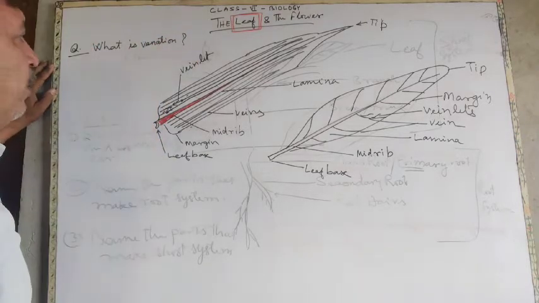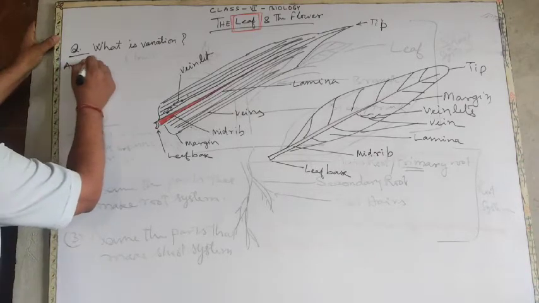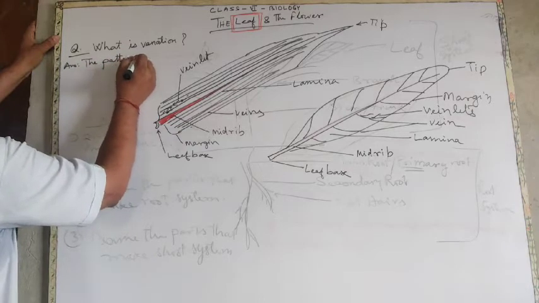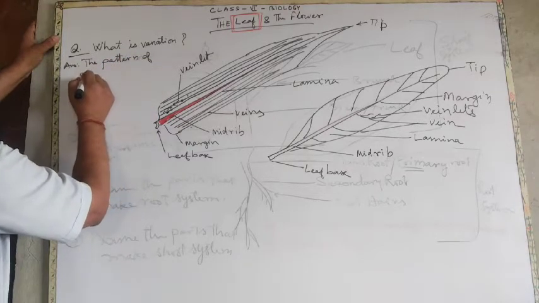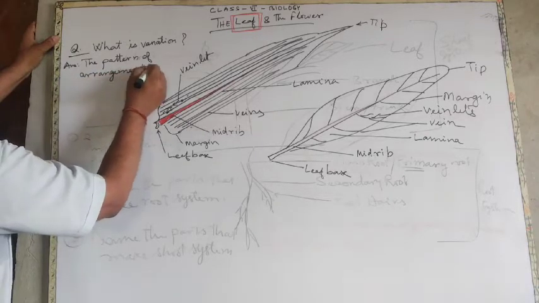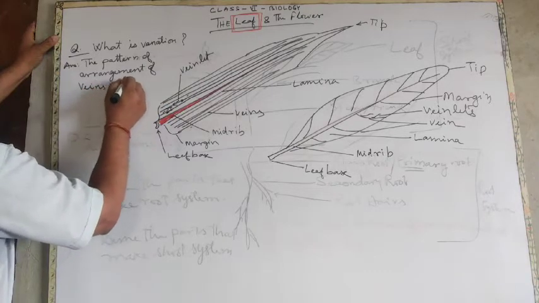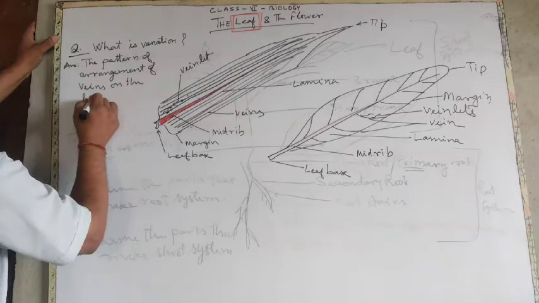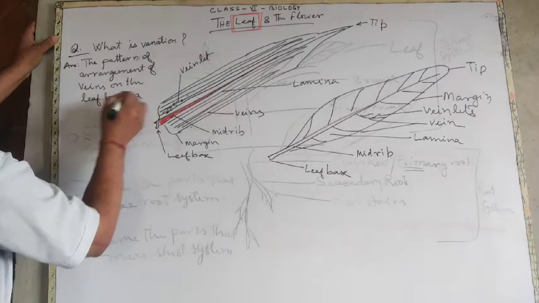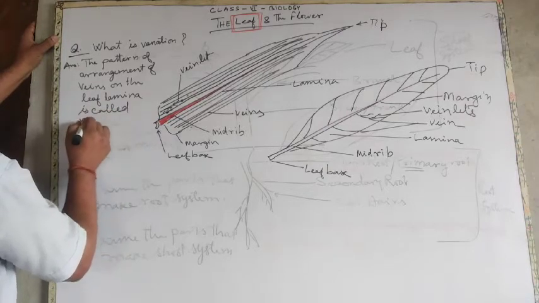What is venation? Your answer will be: the pattern of arrangement of veins on the leaf lamina is called venation.